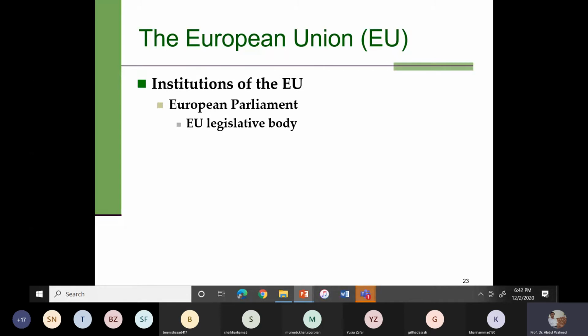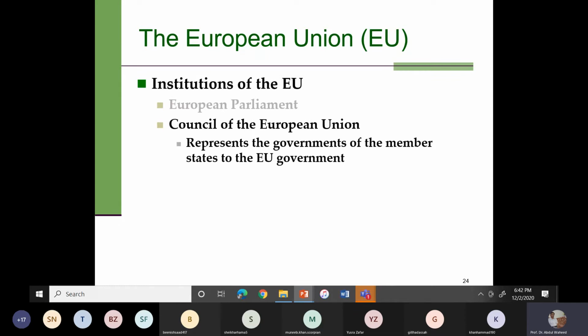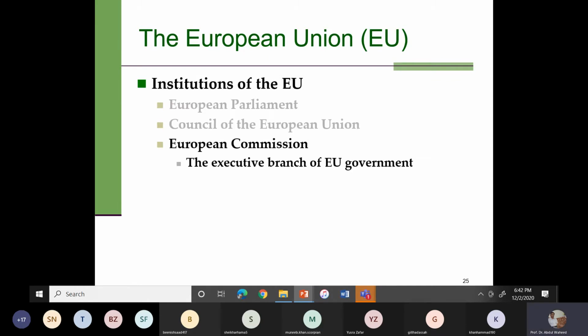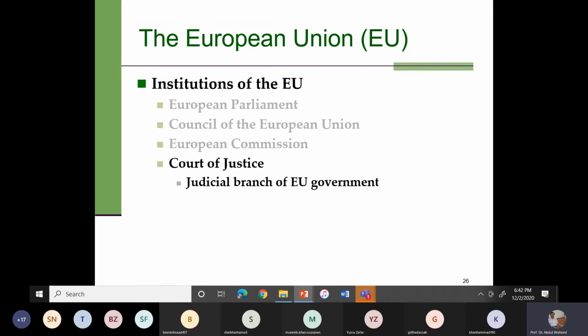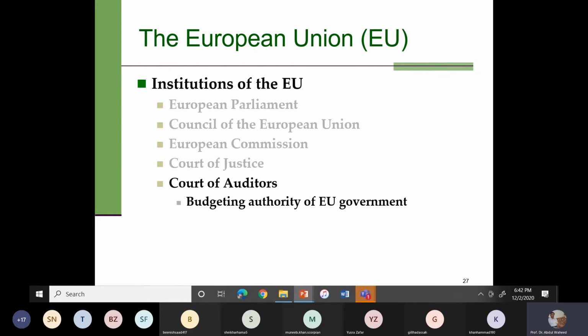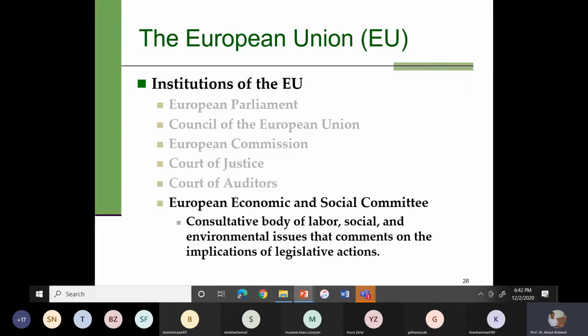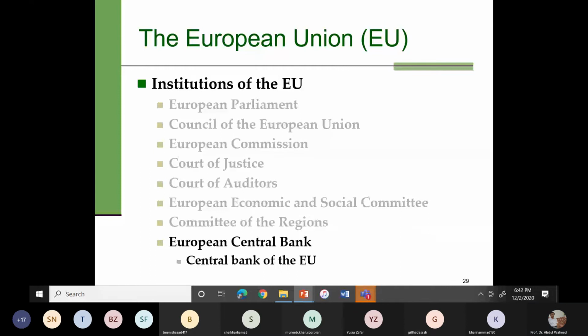There is a legislative body, the European Parliament, EU, and there is also the European Commission. This is the executive branch of the EU government, and there is also a Court of Justice, which is the judicial branch of the EU government, and there is also the Court of Auditors, the budgeting authority of the EU government, and then the European Economic and Social Committee is there, and there is also the European Central Bank.